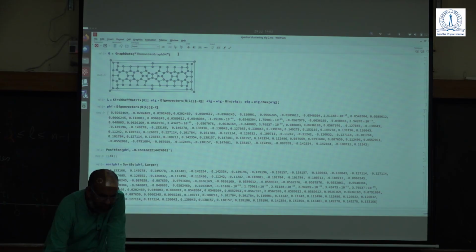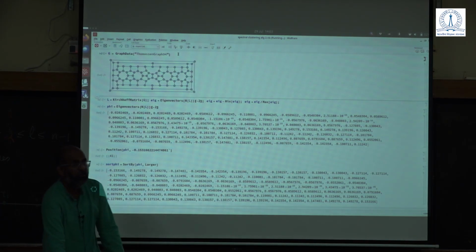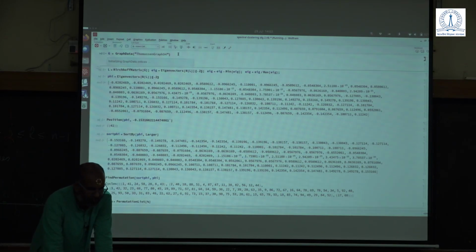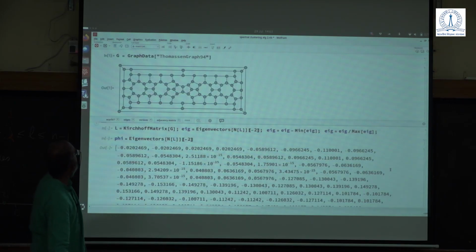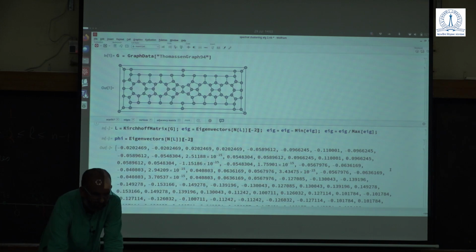So here is this example. Again, I take the same Thomason graph on 94 vertices. Okay, so this is that same Thomason graph.